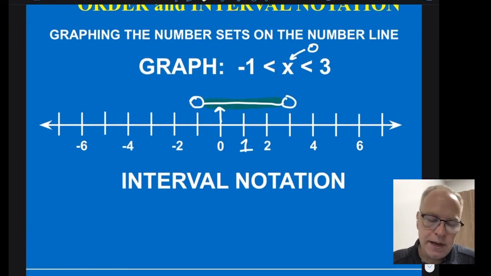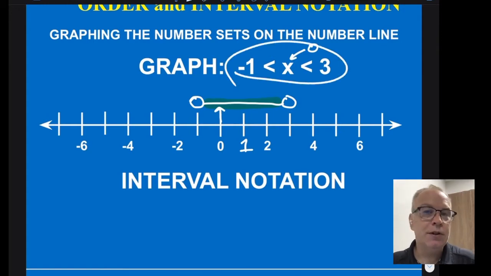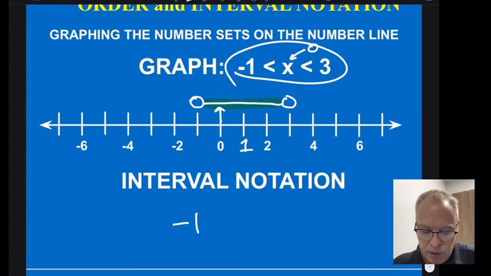Interval notation is another way to describe where all the solutions are. Now, I think you would agree that all the solutions are between -1 and 3. So what we do is we put the smaller number first, we put a comma, and then we put the bigger number.